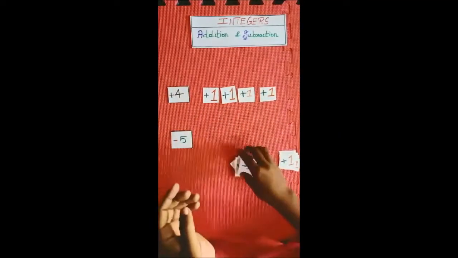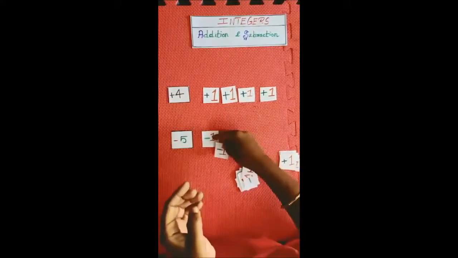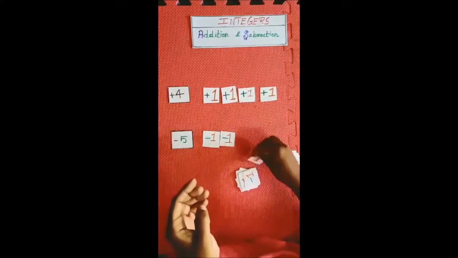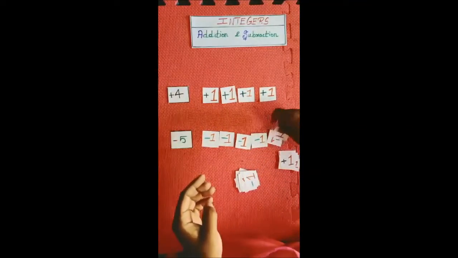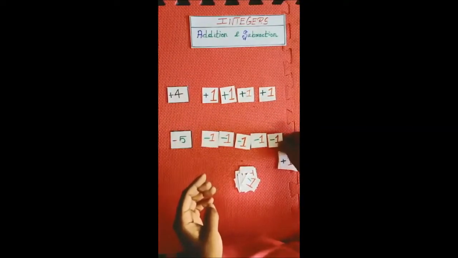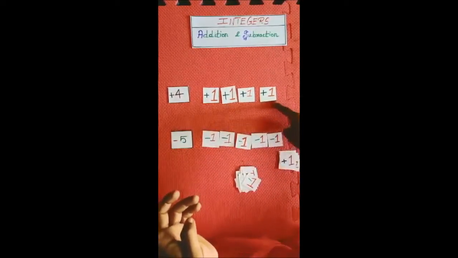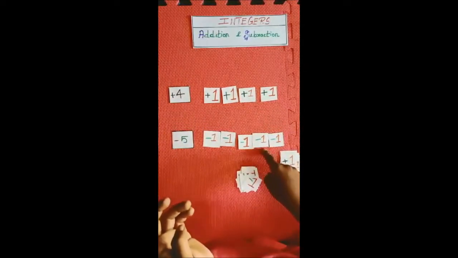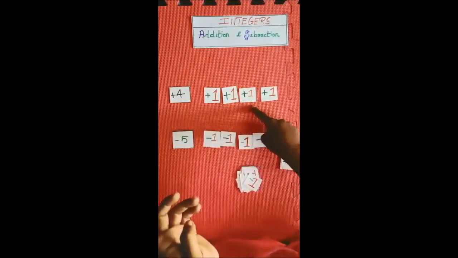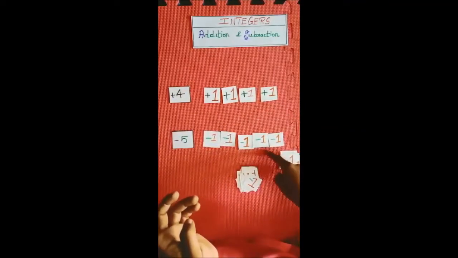Similarly, for minus 5, you have to use minus 1 five times: 1, 2, 3, 4, 5. Do you understand children? For plus 4, you have to use the plus ones. For minus 5 we are using the minus ones. So for positive numbers you have to use the positive ones, and for negative numbers you have to use the negative ones. Okay.